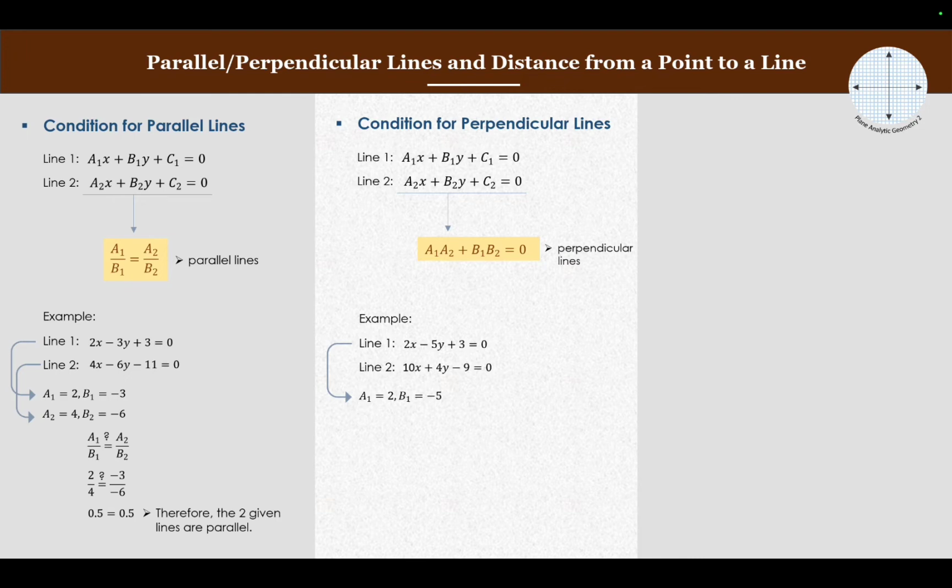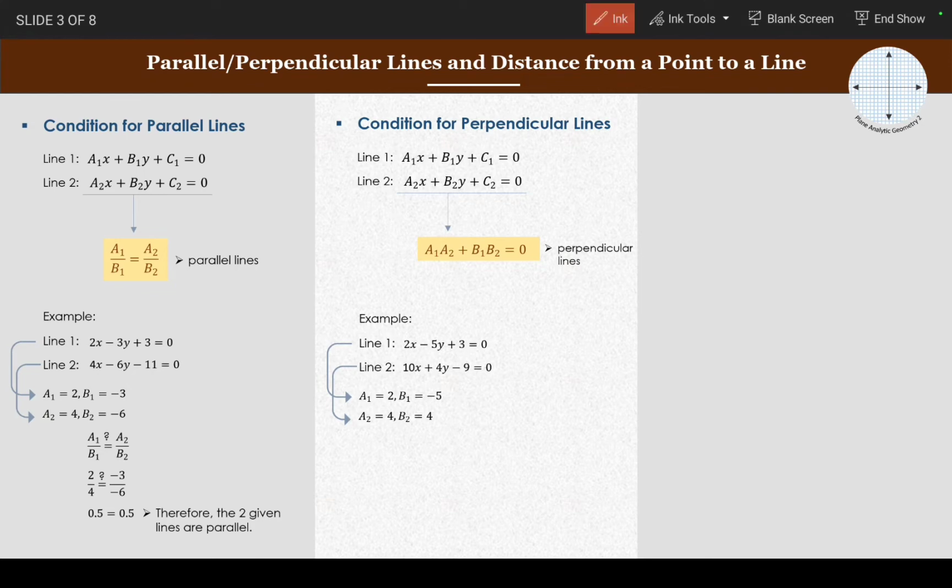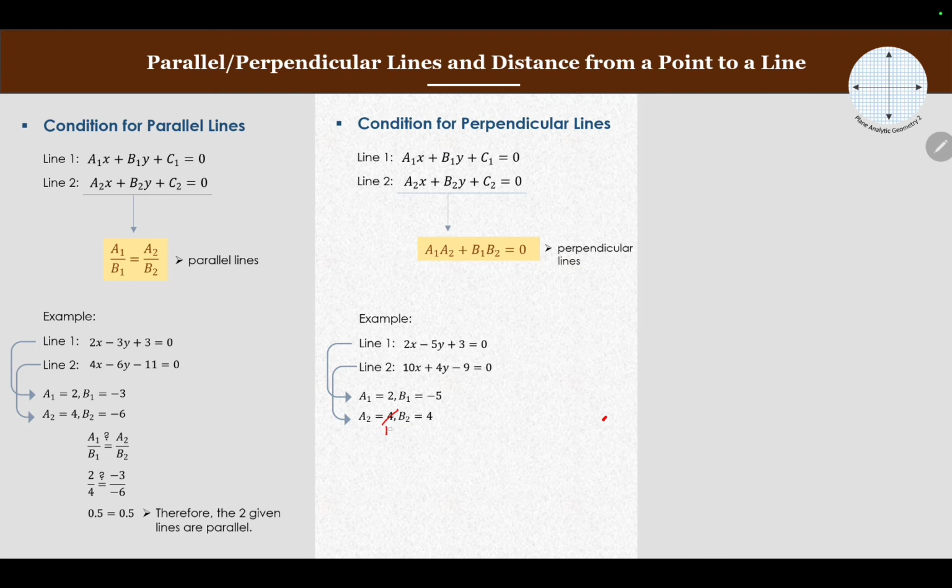For line 2, our a sub 2 is 10. So this is not 4, this is 10. And our b sub 2 is 4.